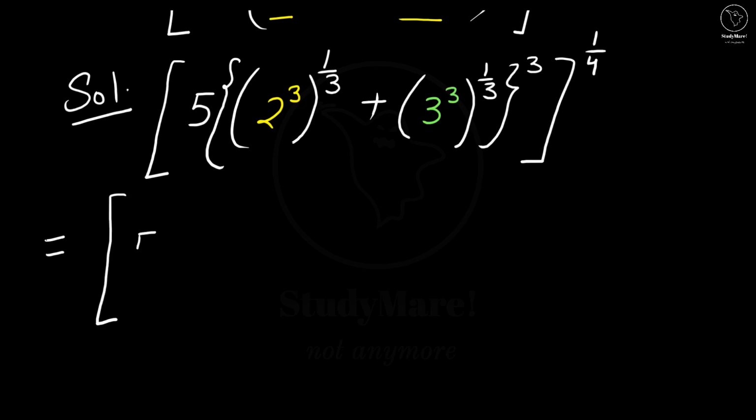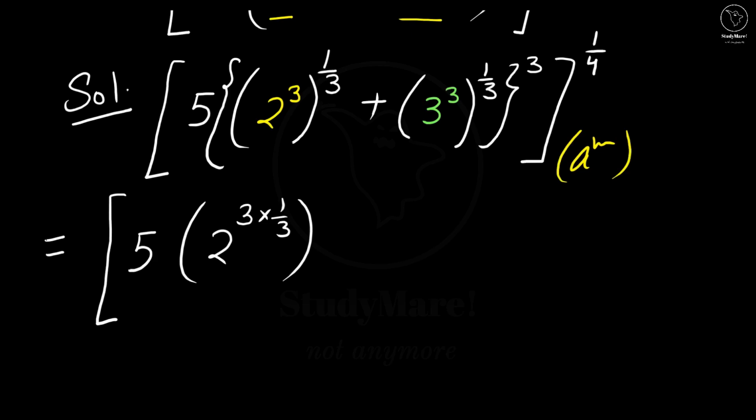How? Simple. We write here 5, then we have 2 to the power 3 into 1 by 3. How? Remember the identity? A to the power m to the power n is equal to a to the power m into n. We have used this identity.